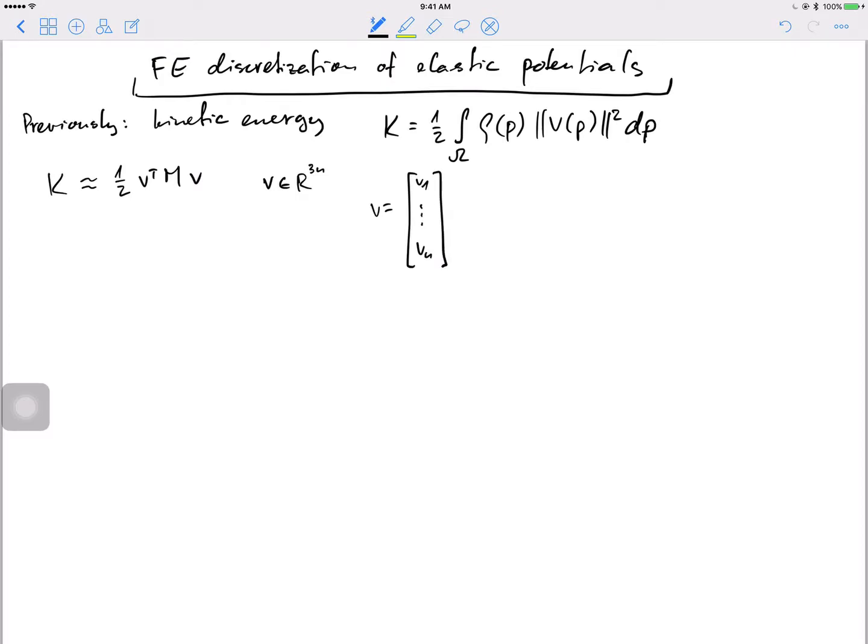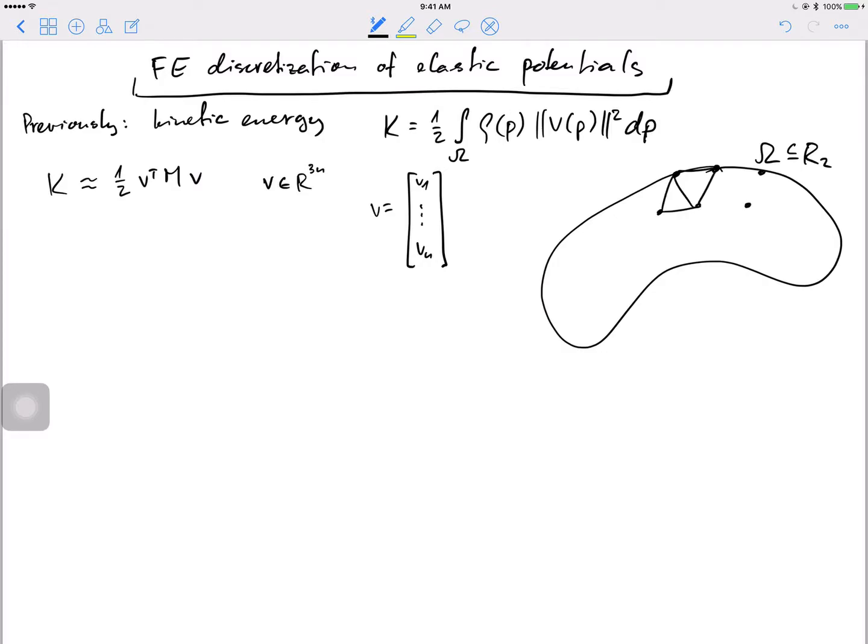And what does that mean? That means that I have my domain omega. Let's say that this is a subset of R2. Let me write it in R2 to be clear. It also works in R3, but it's almost the same thing. Then these Vi's are velocities at my nodes. So there is some tet mesh living in your domain.